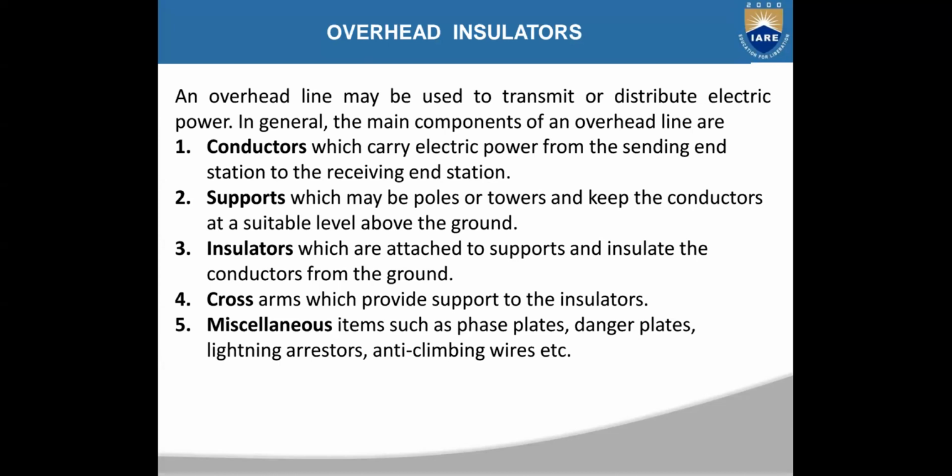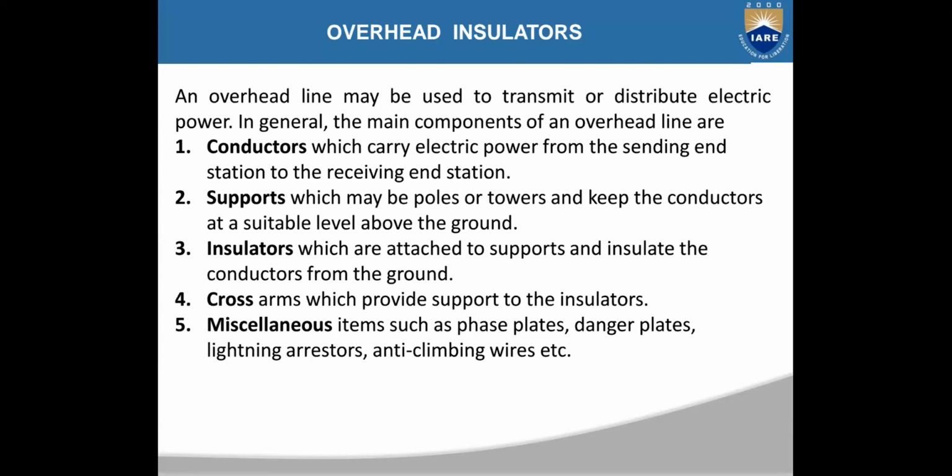Another component is cross arms. Generally these cross arms are connected to the supports. To the cross arms we connect the insulators, and the insulators are connected to the conductors.